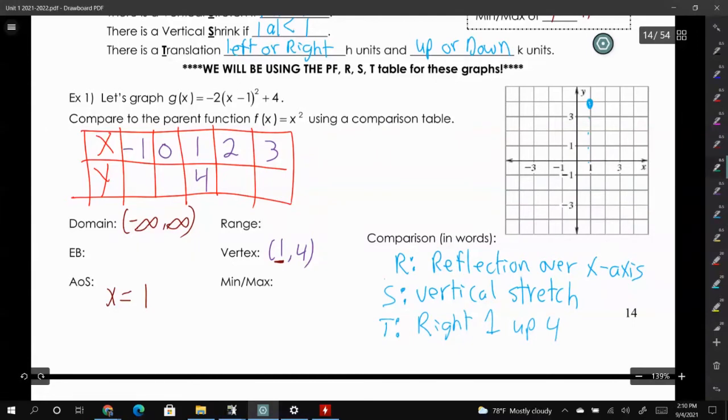All right. Now we need to plug in our values here. If you plug in 0, 0 minus 1 is -1. -1 squared is +1 times -2 is -2 plus 4 is 2. We plug in -1, we get -4.